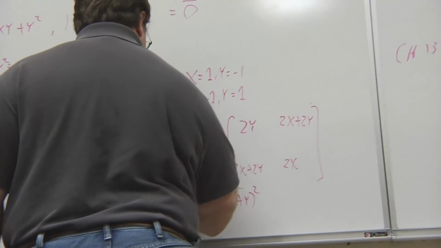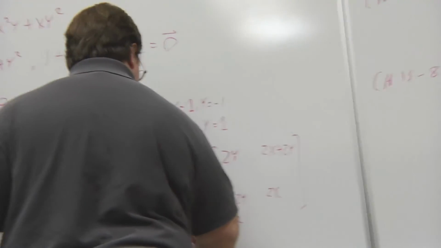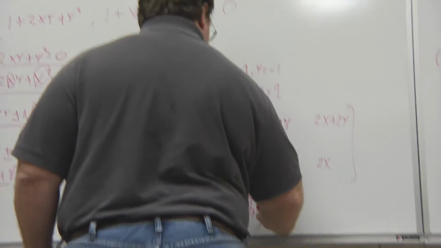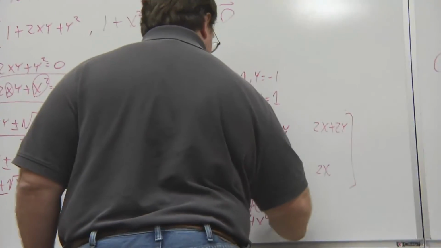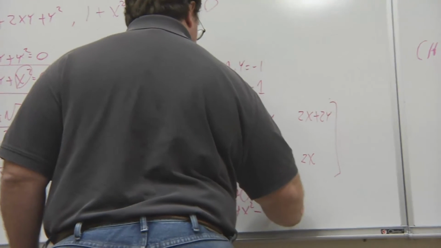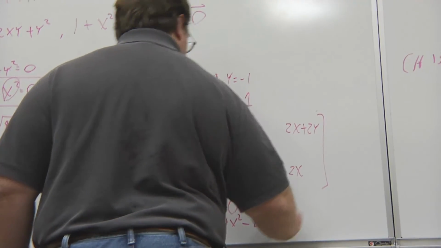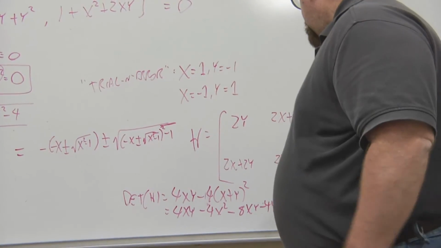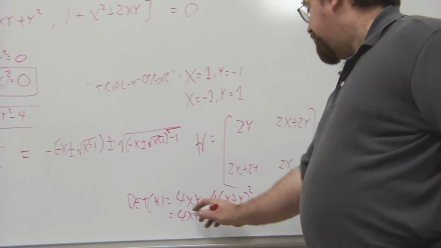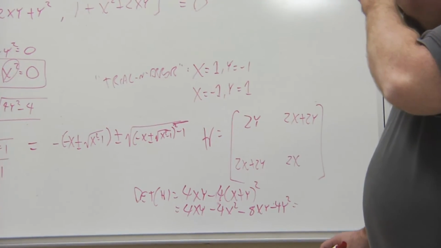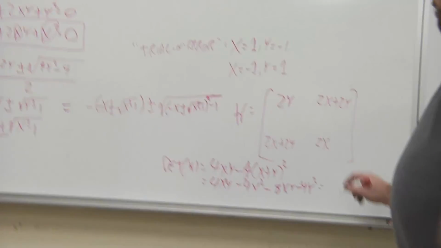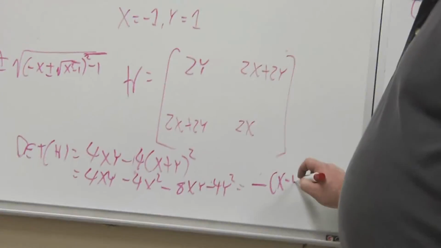So that's going to be 4xy minus 4x squared minus 8xy minus 4y squared. If we simplify this, what we end up getting is minus x minus y squared.